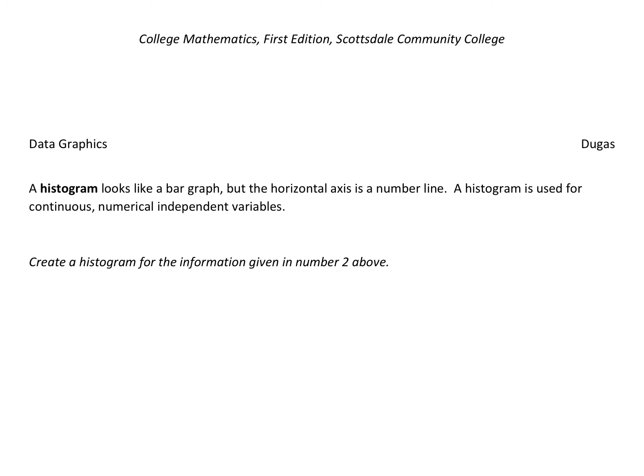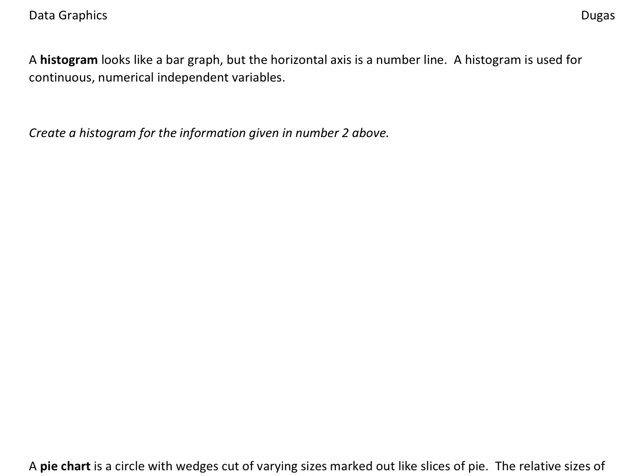Okay, so a histogram. A histogram looks like a bar graph, but the horizontal axis is a number line. So this is used for continuous numerical independent variables. In other words, not categories. Like in the last example, we had dog, cat, fish, hamster.